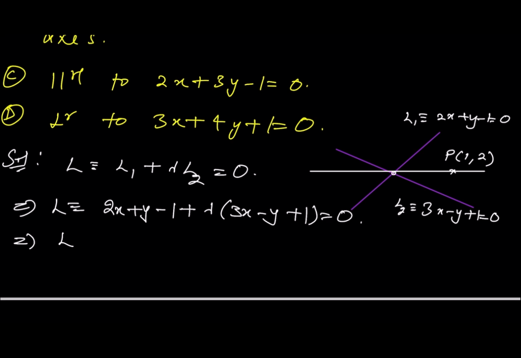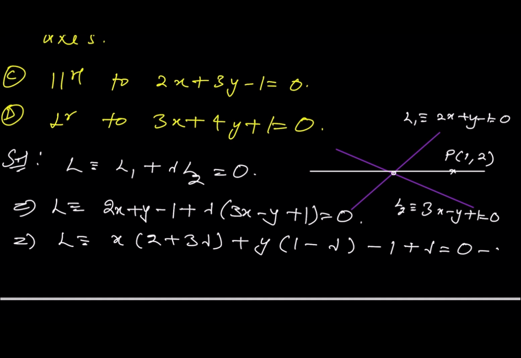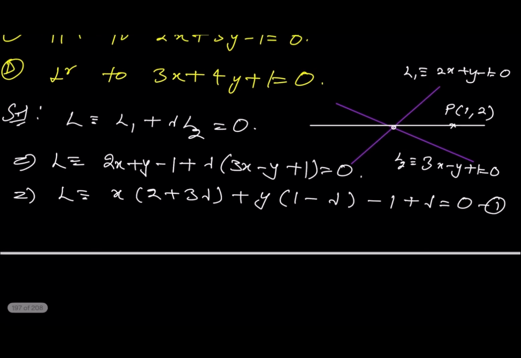Or this can also be written as x times 2 plus 3 lambda plus y times 1 minus lambda minus 1 plus lambda is equal to 0. This is 1.